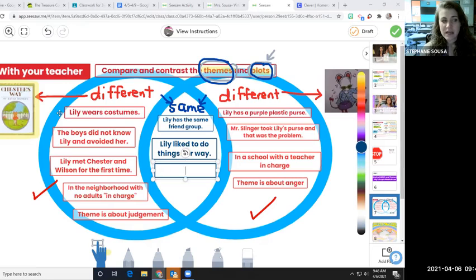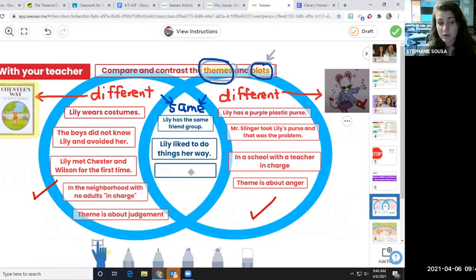Both of these themes could have been affected if they had worried about themselves, right? So if in Chester's Way, they had just said, I'm going to be cool if he wants to be different, that's okay. And in Lily's Purple Plastic Purse, if she would have just said, I can keep my purse to myself, I don't have to show it off to other people, I can be okay.